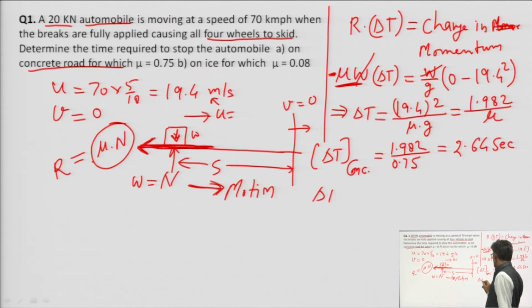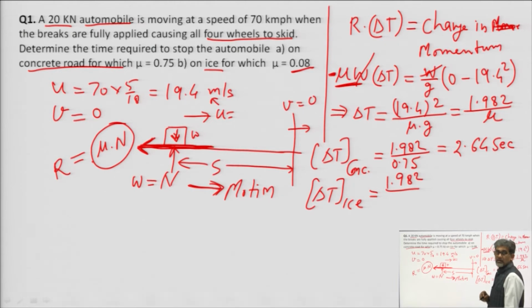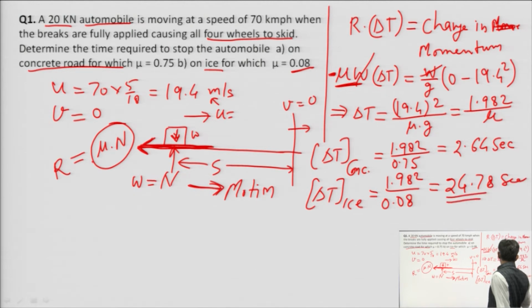Similarly, delta t for ice surface will be 1.982 divided by mu, which is too less, so its value will be more, 24.78 second. So, it is much higher, right.